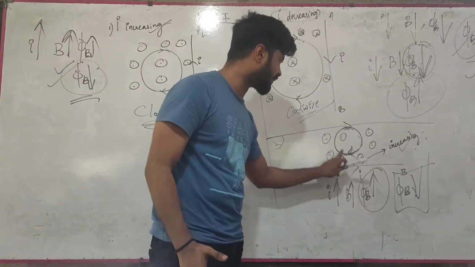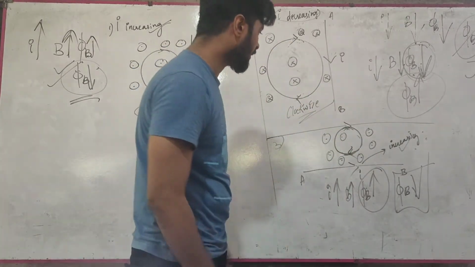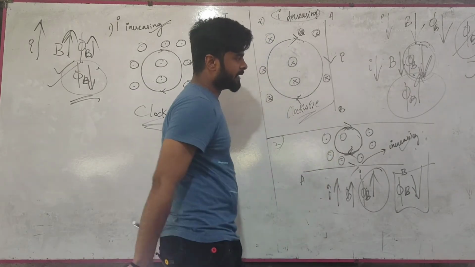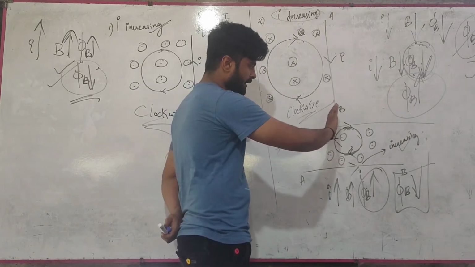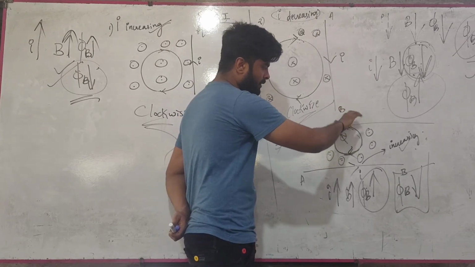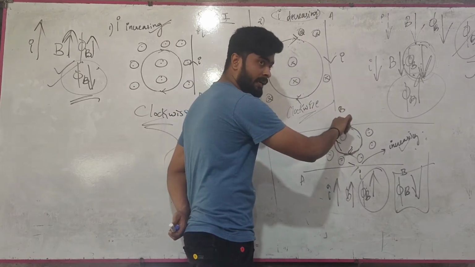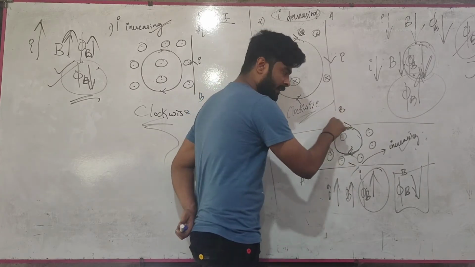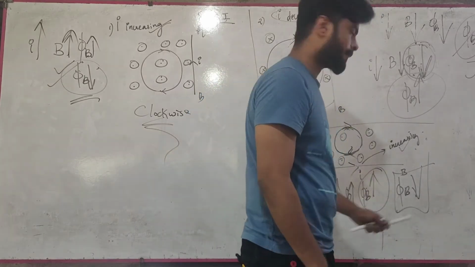Now, if it was clockwise, the original magnetic field is coming outside, right? This is an outside magnetic field, radially outward. So if the direction was clockwise, the curled fingers have to be placed in the direction of induced EMF or induced current. So you can see the thumb is going inside, so the magnetic field is going inside. You need to decrease the magnetic flux, right?